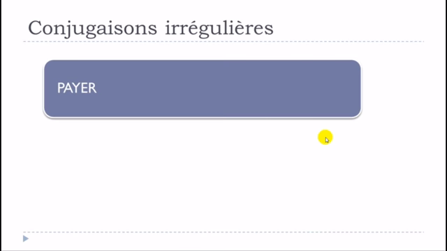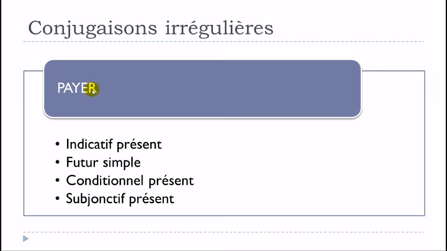Okay, so I wanted to take a classic verb that we tend to use quite often, and it's payer, to pay. Payer, okay, so A, Y, E, R here, and we'll see that even if it belongs to the first group, ending with E, R, so the regular group, well, this verb will be slightly modified, and it will concern the following tenses: indicatif présent, futur simple, conditionnel présent, and then subjonctif présent.